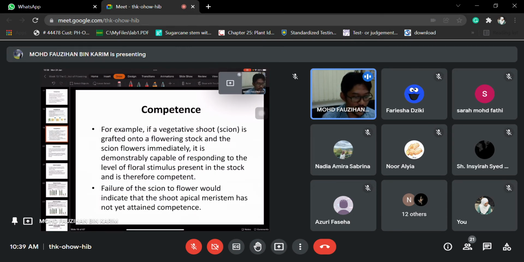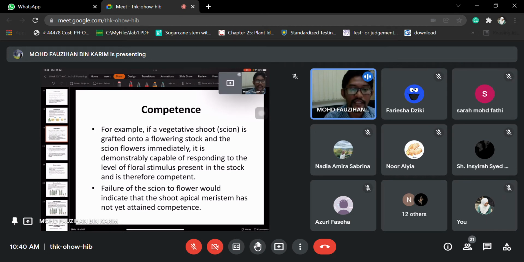Okay, the competence is, for example, if a vegetative shoot scion, I don't remember how to pronounce this, scion, alright. If a vegetative shoot scion is grafted onto a flowering stalk and the scion flowers immediately, it is responding.